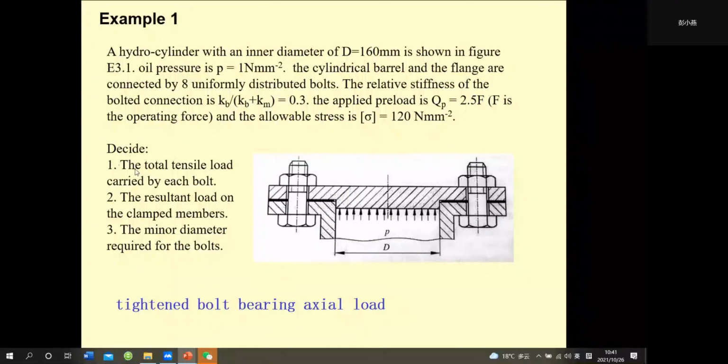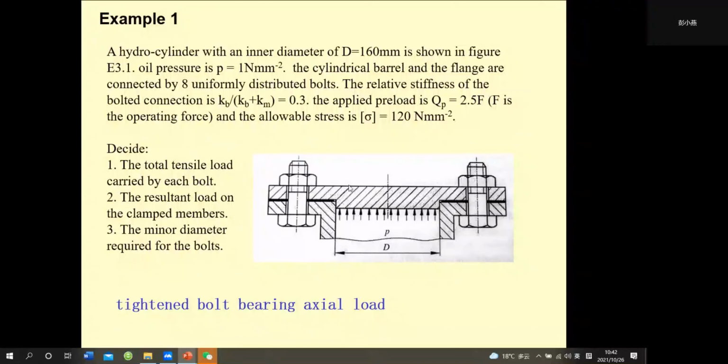So determine: one, the total tensile load carried by each bolt; two, the resultant load on the clamped members; three, the minor diameter required for the bolt. So first, we should calculate the total tensile load carried by each bolt.